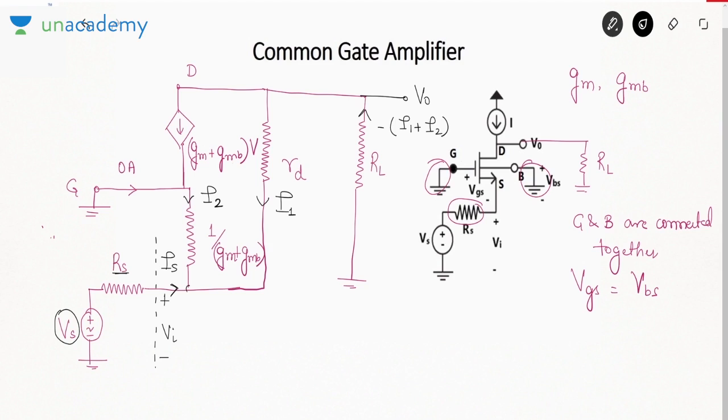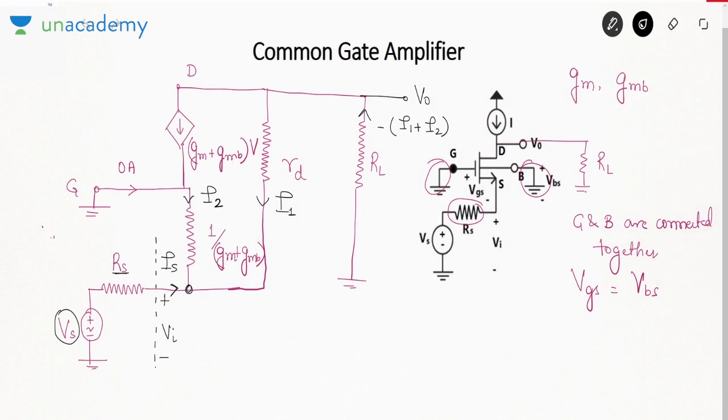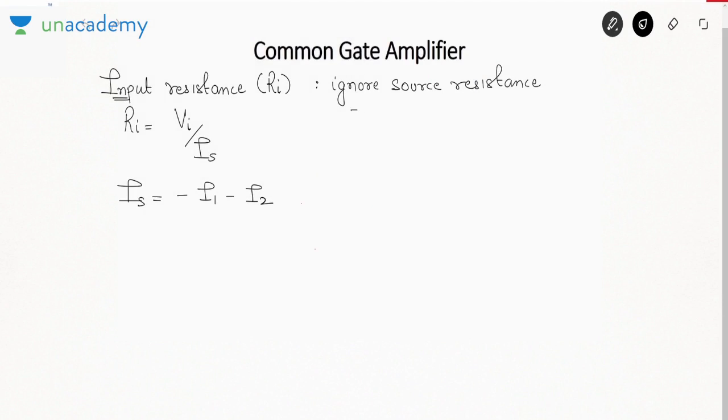Now applying KCL at this node, I will say Is is minus I1 minus I2. Now if I want to find I1, the voltage at this terminal is V0 and the voltage at the lower terminal is Vi. So I will say I1 is (V0 minus Vi) by RD.